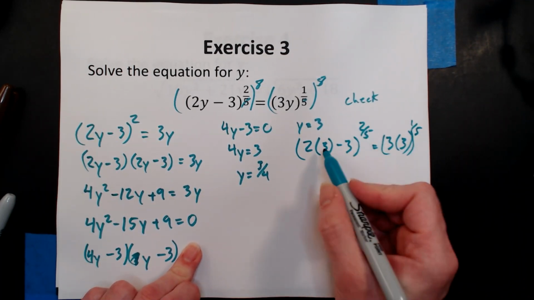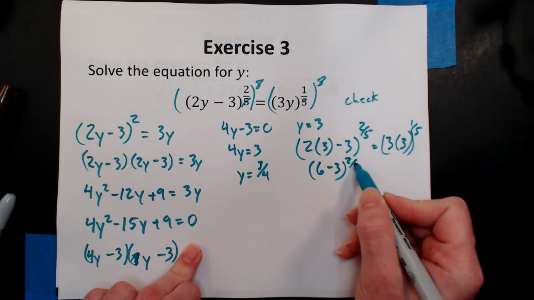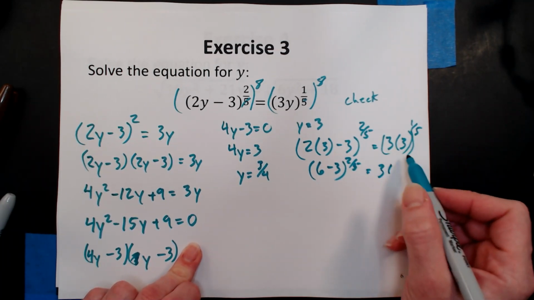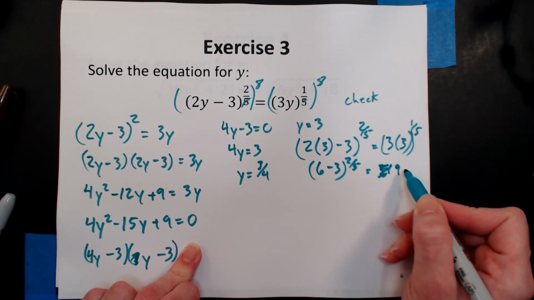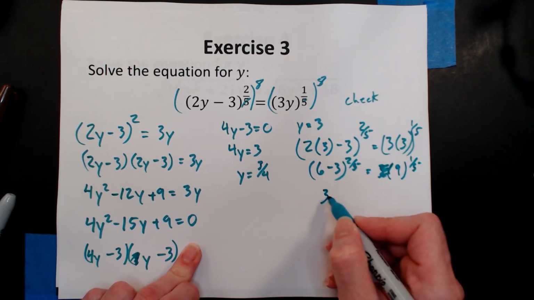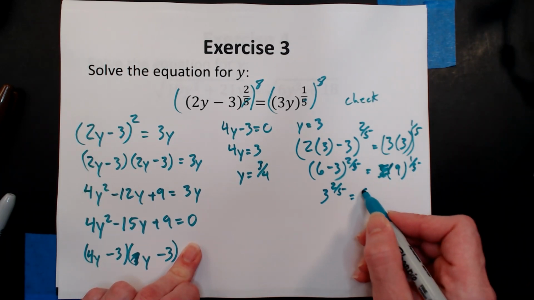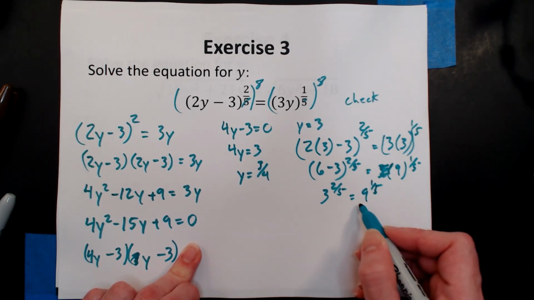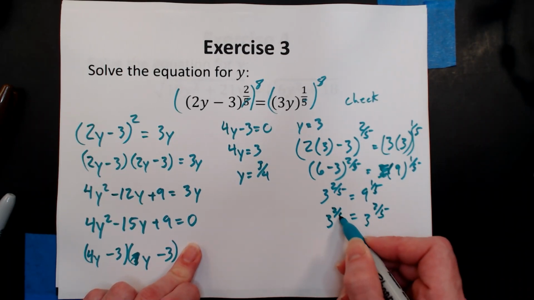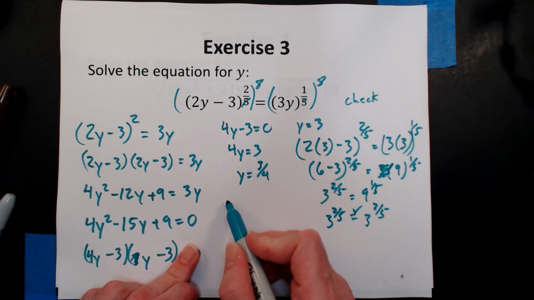So now that I have that, this is going to be 6 minus 3 to the 2/5 equals 3 times 3, which is 9, to the 1/5. And so that's going to give me 3 to the 2/5 equals 9 to the 1/5. And we could rewrite this side as 3 to the 2/5. And so I'm going to have 3 to the 2/5 equals 3 to the 2/5. It checks out.